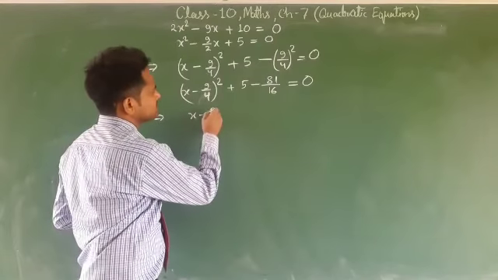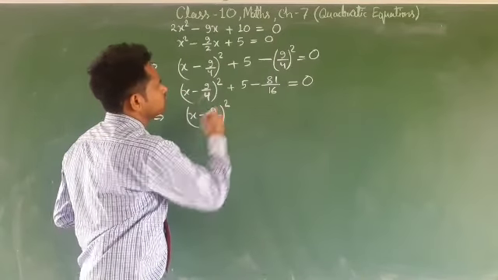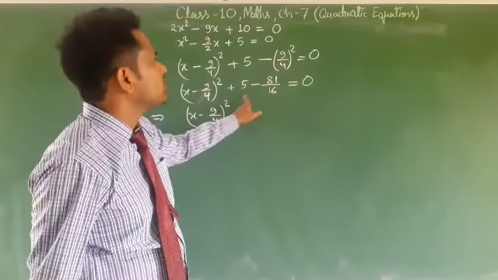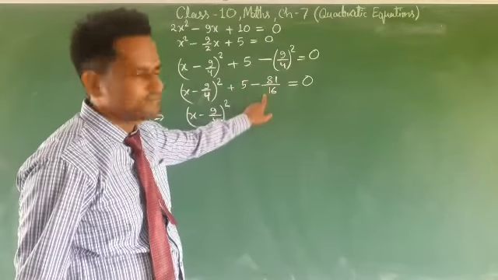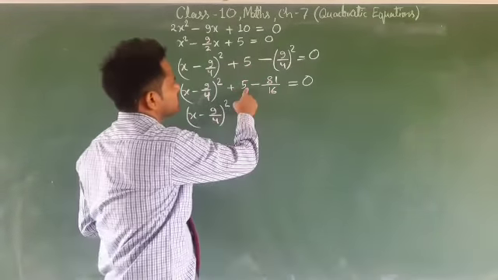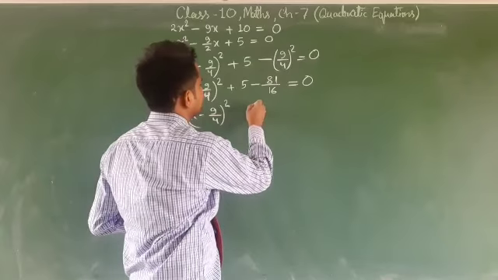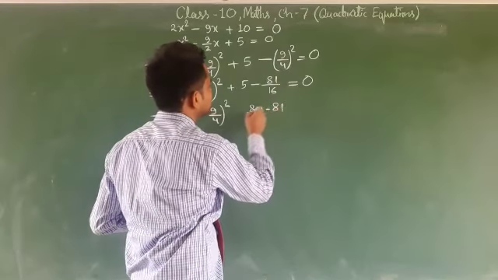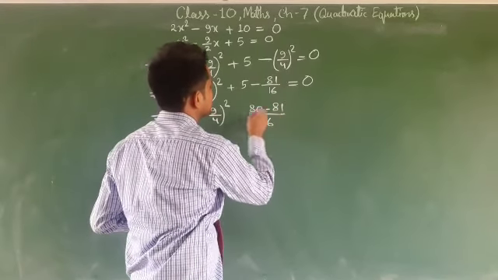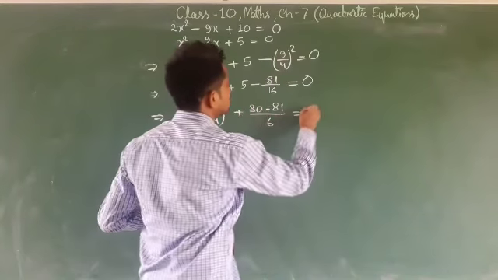(x minus 9 by 4) to the power 2. Solve this fraction. 16 5s are 80, that is 80 minus 81 upon 16 is equal to 0.